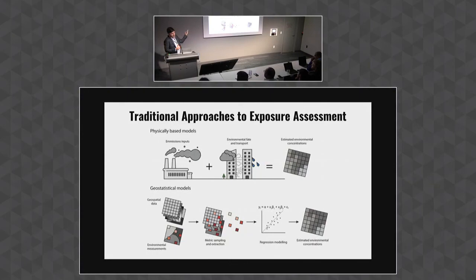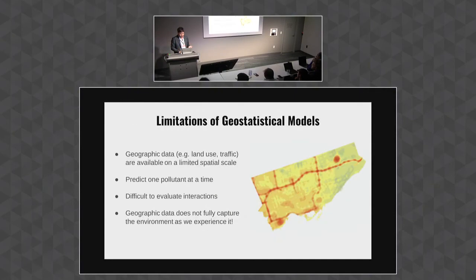The other method are geostatistical models, often called land use regression models, where we blanket an area with monitors, we extract land use information around all those monitors, and then we develop some kind of linear regression model to predict exposure where we don't have measurements.